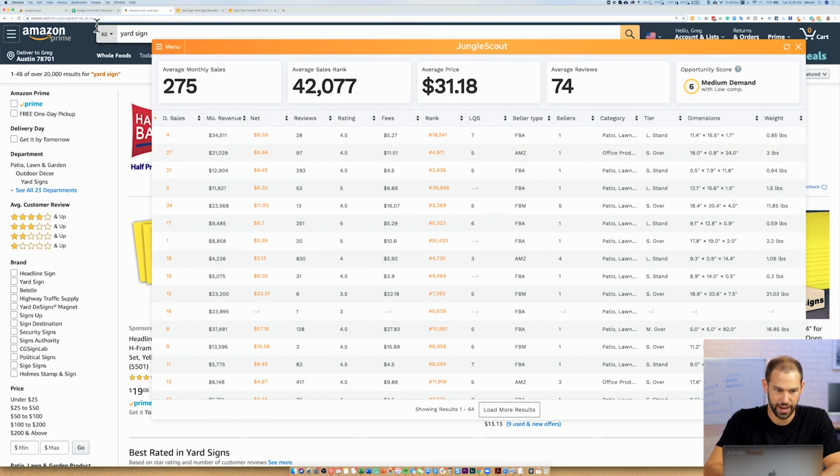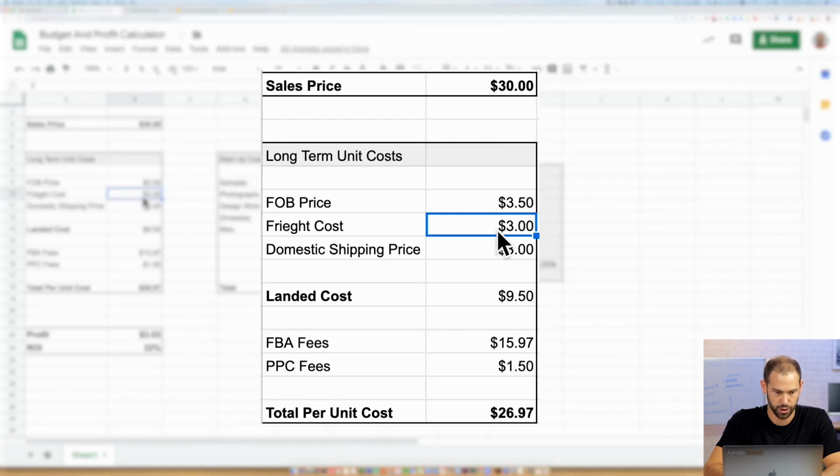It weighs 3 pounds. So for freight cost, let's say we're using ocean, $0.60 per kilogram, so it would be about $1. Domestic shipping, 3 pounds, that would be 75 cents. So our landed cost is $5.25.